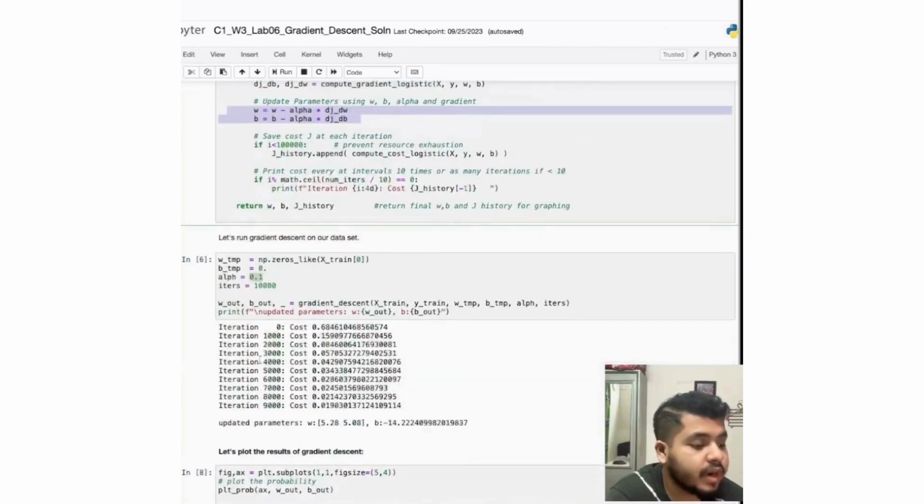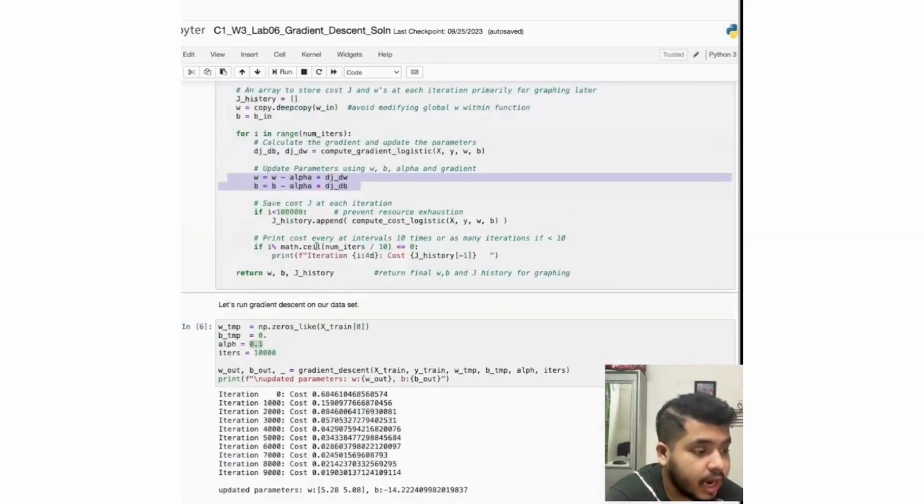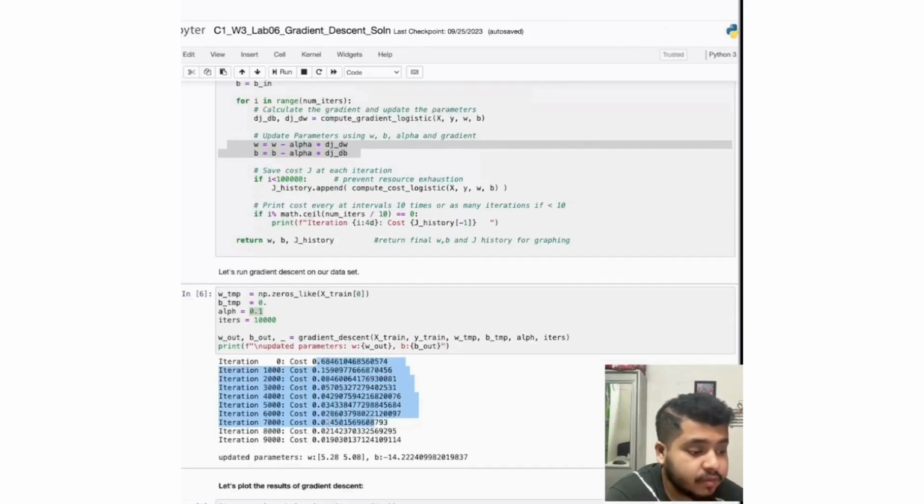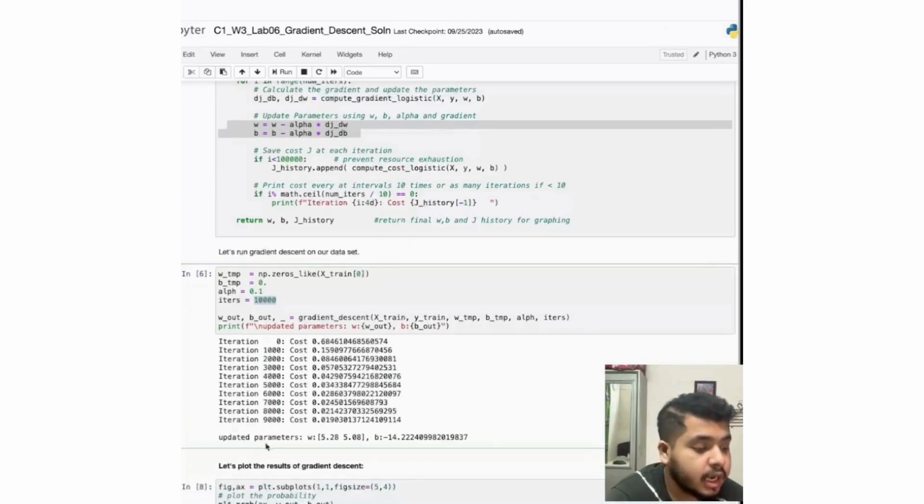We are not showing all the outputs, otherwise it's going to make the system slower. We're dividing by 10 and showing only particular ones. If you see over here, the cost value is dropping, and we continue until we have reached 10,000 iterations.